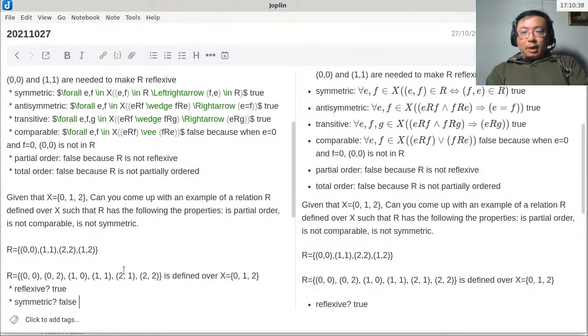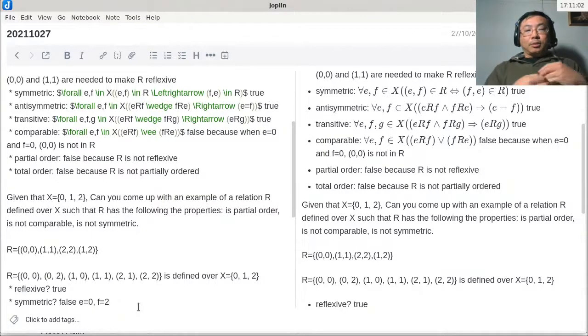And Jonathan is right: when E equals 0 and F equals 2. Even though we do have (0, 2) here, (2, 0) is missing. So that's why, when E equals 0 and F equals 2, it explains why this particular R is not symmetric. Very good.